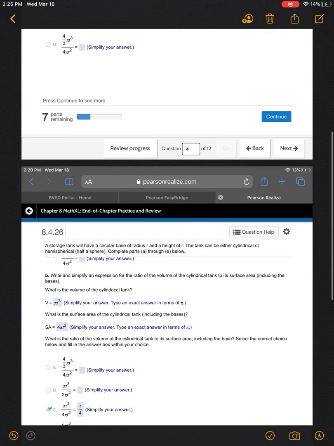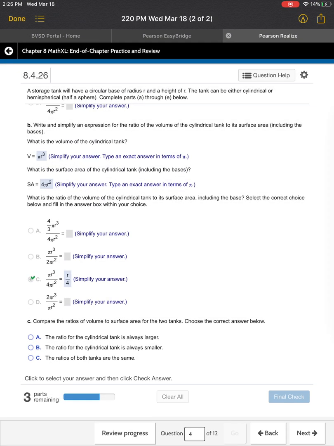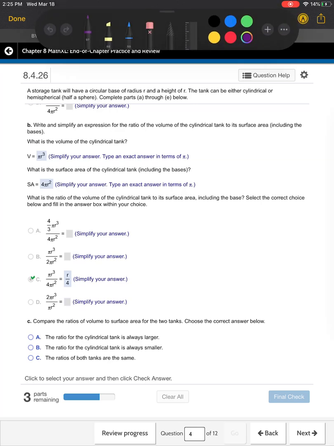And then moving on to part B, we're looking at the cylindrical tank. A couple things we need to know about cylinders is that the volume of a cylinder is pi r squared h. In this case, h is also r, so just substitute that in and get pi r cubed, which is how I got this one. The surface area of a cylinder is 2 pi r squared, 1 pi r squared for the top and another pi r squared for the bottom.